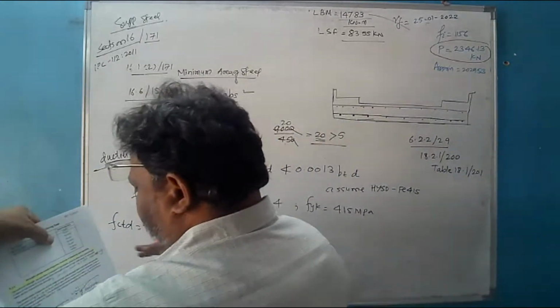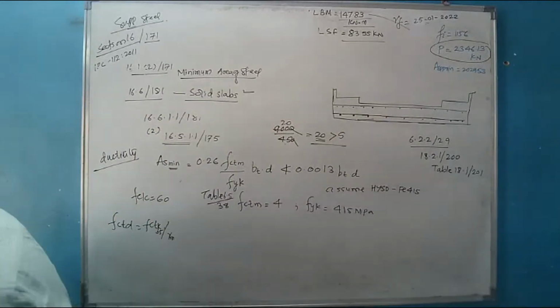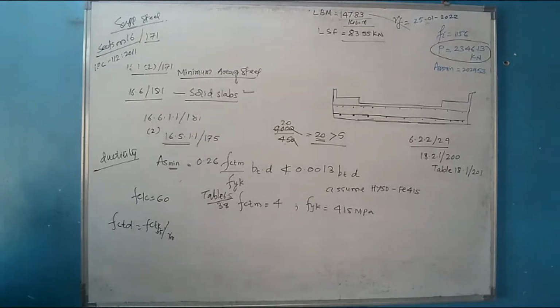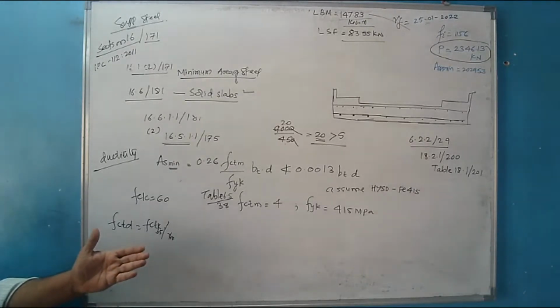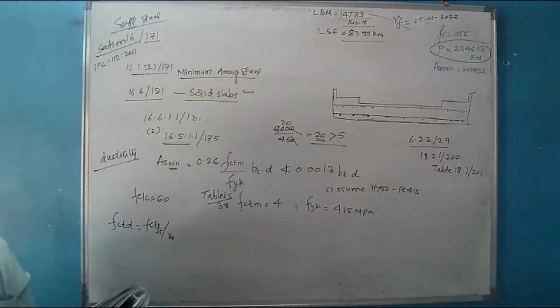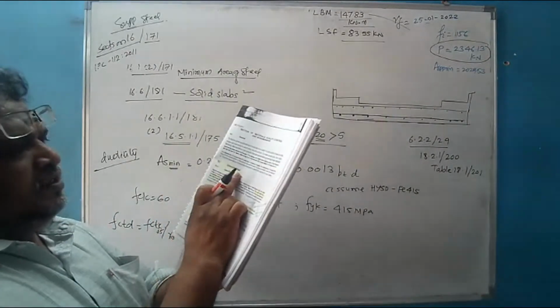So as to get the value of fyk. यहां पर भी बोला है उसने, 6.2.2 में बोला है कि अगर HYSD है तो it is 0.2% proof stress, और ये जो 415 लेते हैं, that is the 0.2% of the proof stress. Now refer section 18, clause 18.2 on page number 200. What is written here? Untensioned steel.